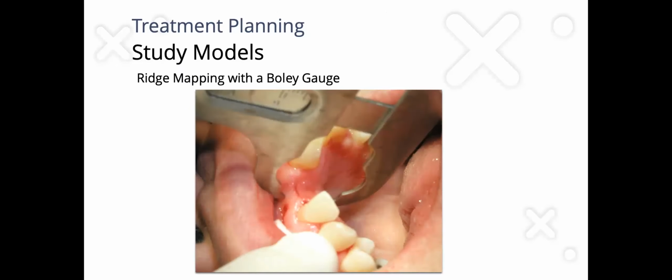I would traditionally do my implant selection based on ridge mapping. One of the conventional ways is to use a Boley gauge, where you look at the width of the ridge with the Boley gauge and take a measurement of that.